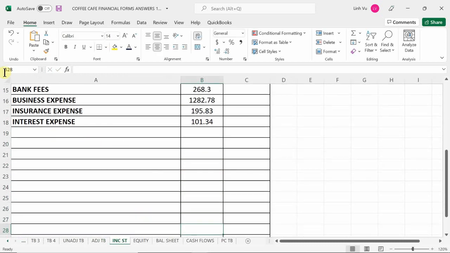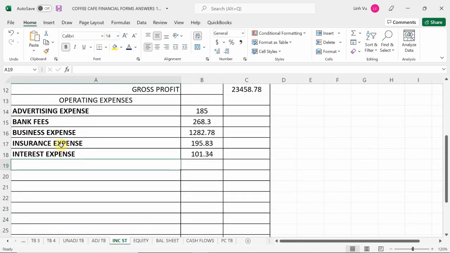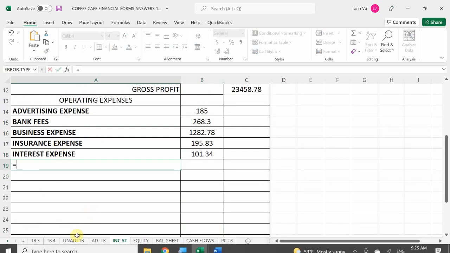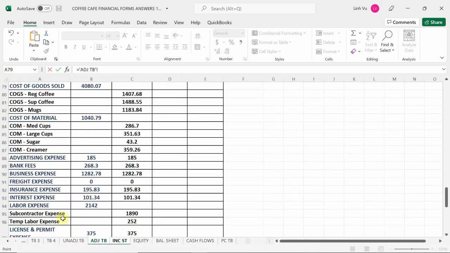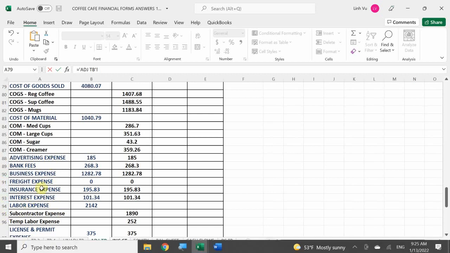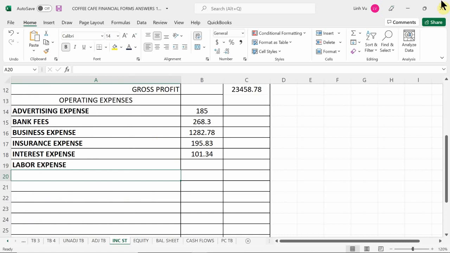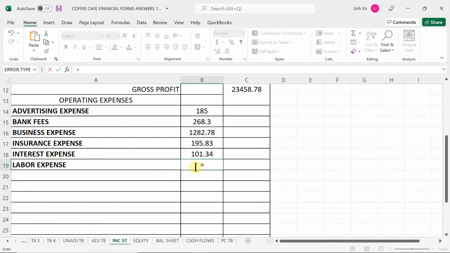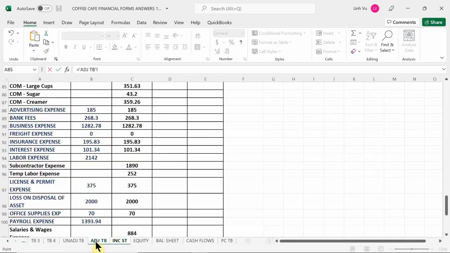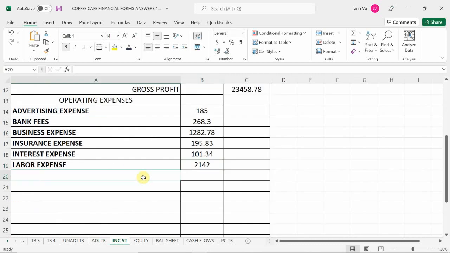Okay. Then we have labor expense for a total of $2,142.